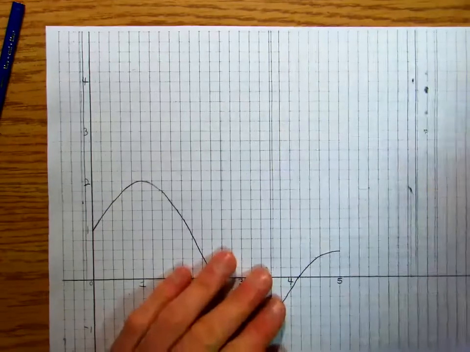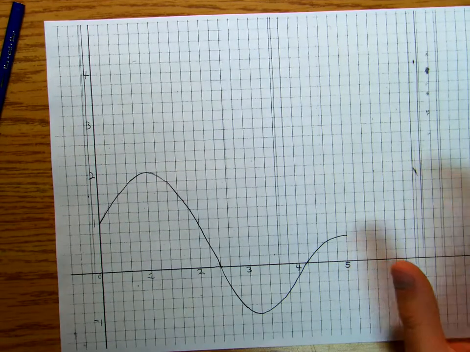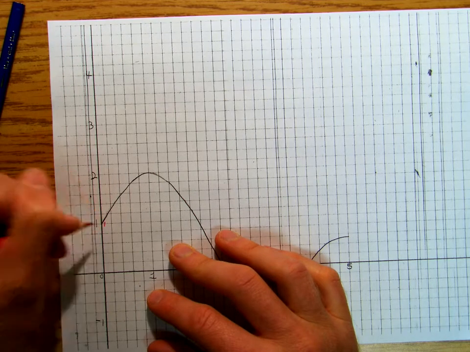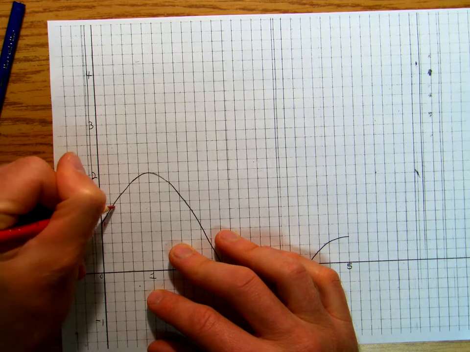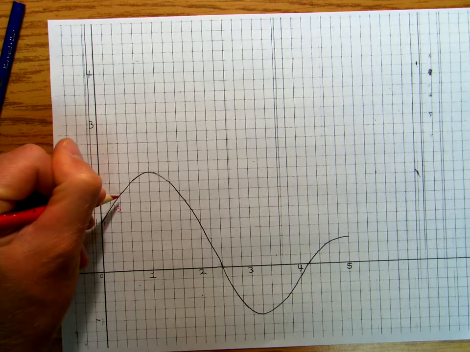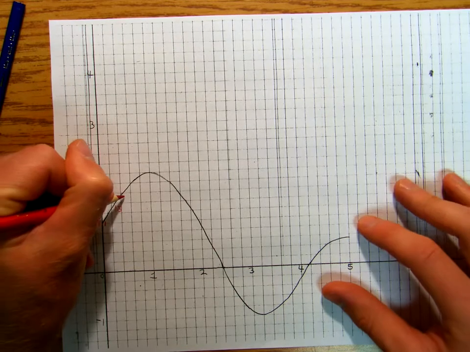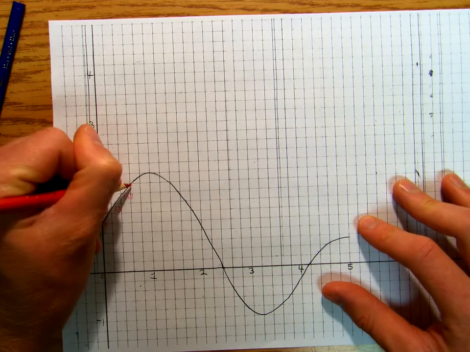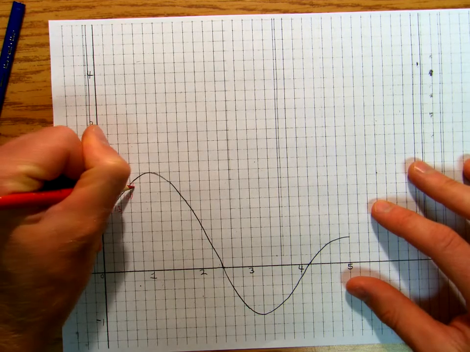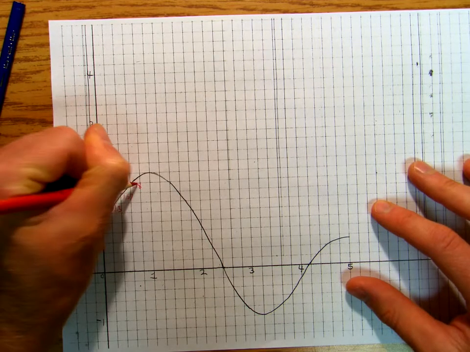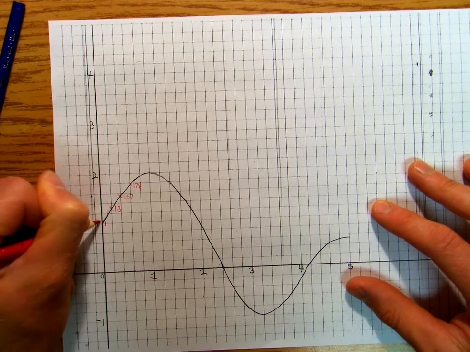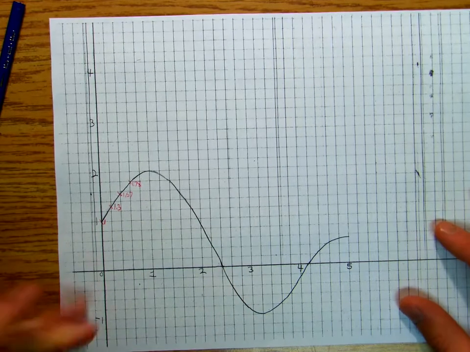Okay, and there's another way that I'm going to do that. I'm going to go back and do it a little bit of a different way. So this has a value of 1, and this has a value of 1.3, and then this has a value of 1.57 and a value of 1.78. Find these points right here.